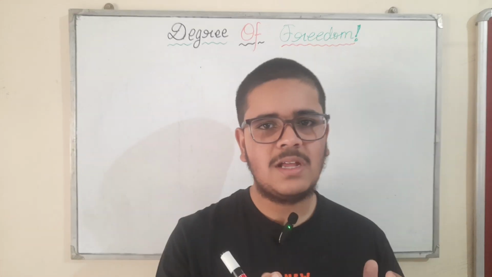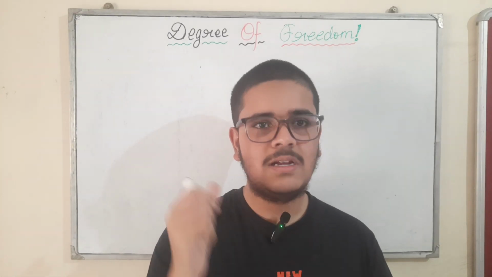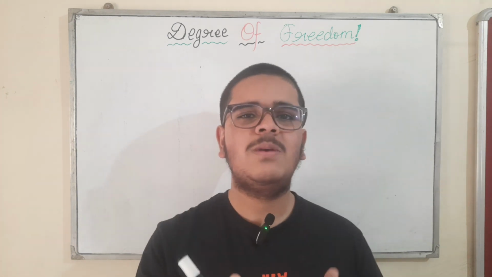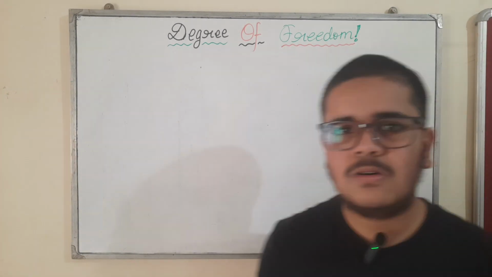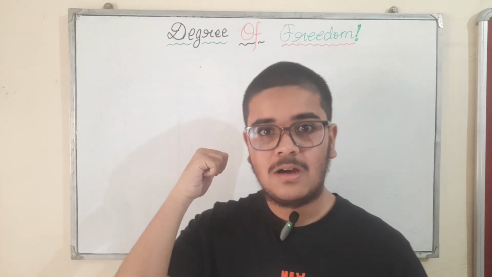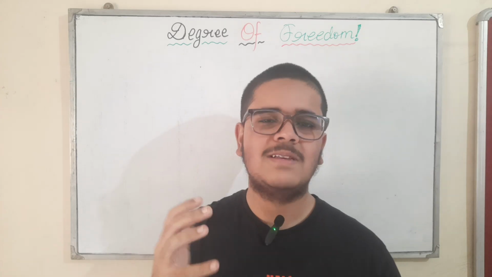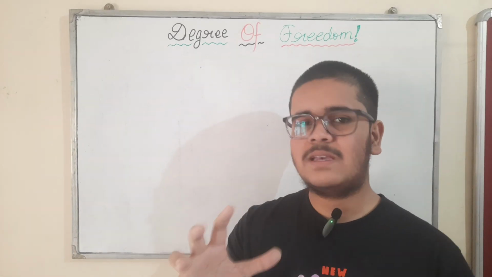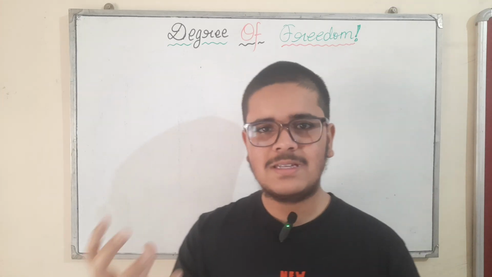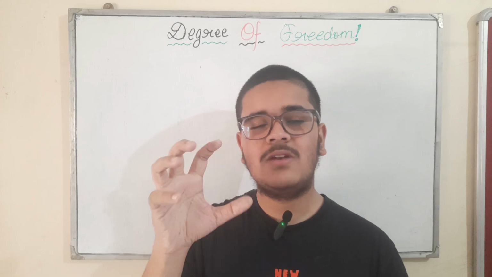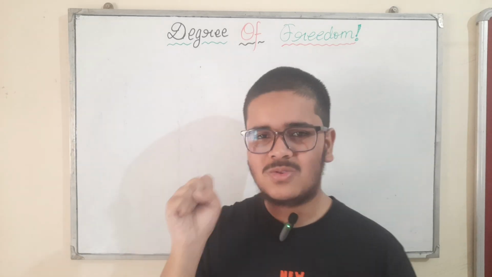I am trying to explain through a model which you can understand, so that degree of freedom can be understood with ease. So don't get too attached to this concept of representing atoms, because this is not the most accurate. You are using this model so that you can understand degree of freedom, but you don't need to get too attached to it, right?